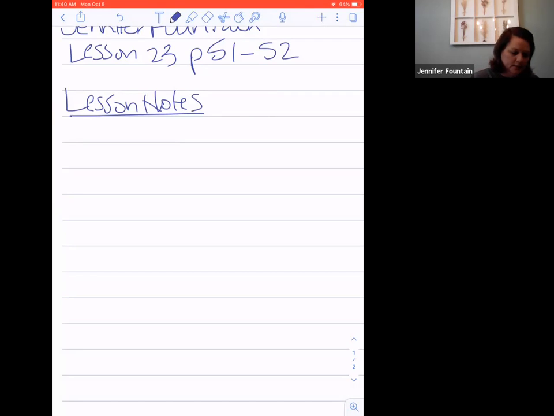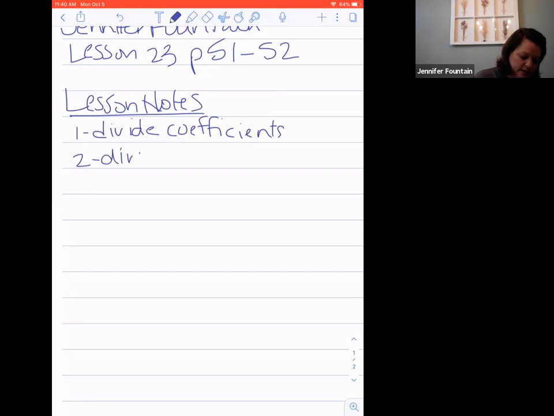All right, so step 1, divide coefficients. Step 2, divide radicands.